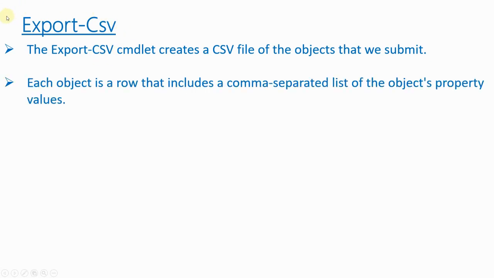While exporting any object to a CSV file, each object is considered as a single row in the CSV, and in each row each comma separated value, that is a column in the CSV, is nothing but a property of the object.